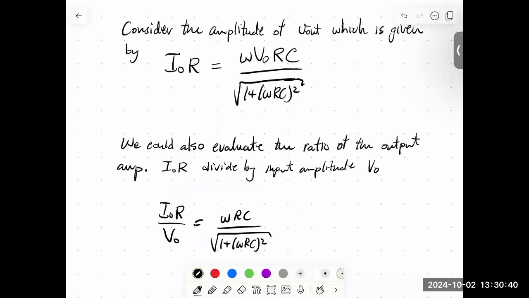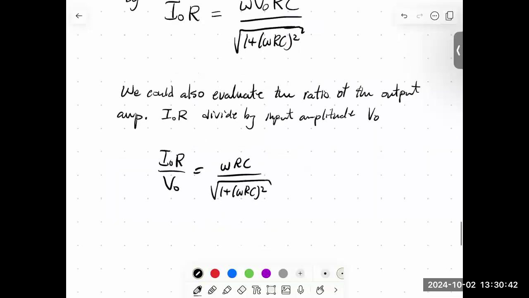And so we're going to try to see if we can plot this, by considering a few special cases. One special case is where the frequency is very low. What does very low mean? Very low is going to mean that this omega RC in the denominator is much smaller than 1.